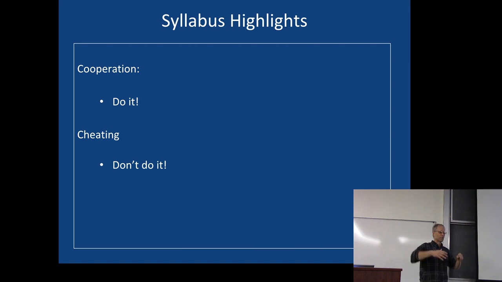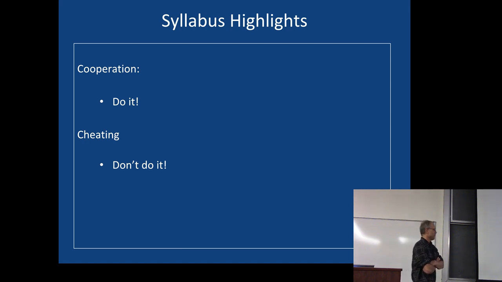It should just be a support group. Sometimes these problems take a while to crack, and once you figure out how to attack it, then it's not that hard to do. So get together and brainstorm. But the answer that you submit, you need to write yourself. It can't be just a group answer, because if you can't write down the answer, you don't understand it.